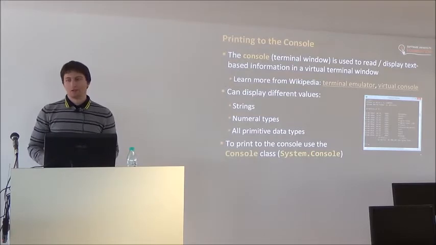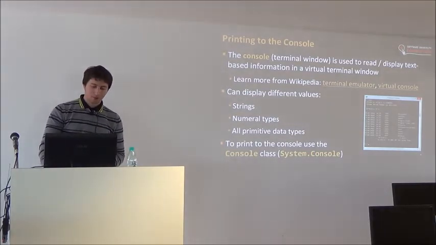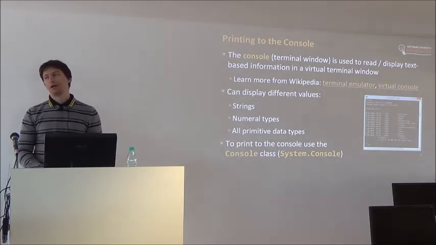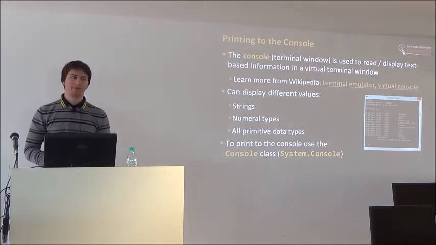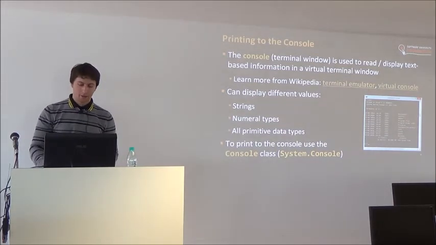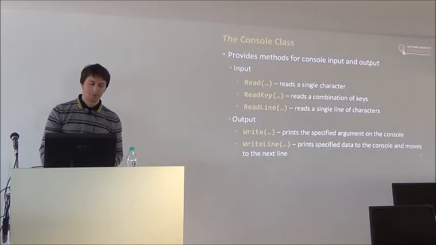So the console is just for our own convenience. And obviously, if you want to use a console, it's a built-in class in the System library. So you don't have to import any third-party libraries. It's something that everyone uses in their code. It's out of the box, basically in the C# package.